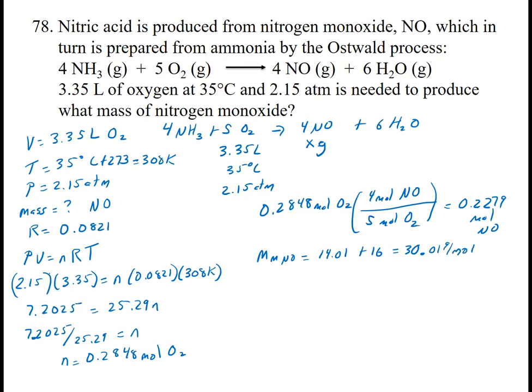And from chapter 3, you need 0.2279, the moles, times the molar mass of 30.01, and that gives me 6.84. Oops, that's 4, not 9. So 6.84 grams of NO. And that is my final answer.